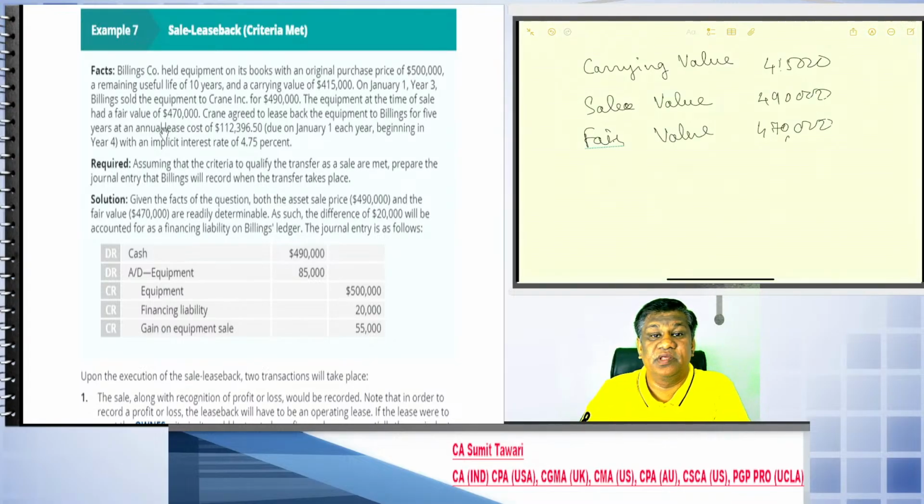Crane agreed to lease back the equipment to Billings for 5 years at an annual lease payment of 112,396.5, due on January 1 each year beginning in year 4, with an implicit interest rate as stated. Assuming the criteria to qualify the transfer as a sale are met, prepare the journal entry.